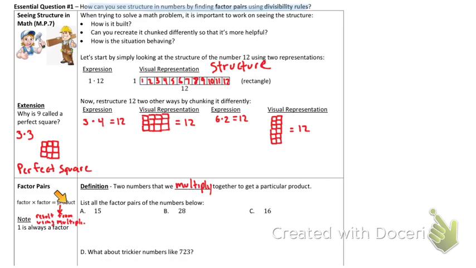So we're going to do example A, and then I'm going to have you do B and C. So I want to list all the factor pairs of A. In other words, what I'm trying to figure out is what numbers multiply to give me a number.